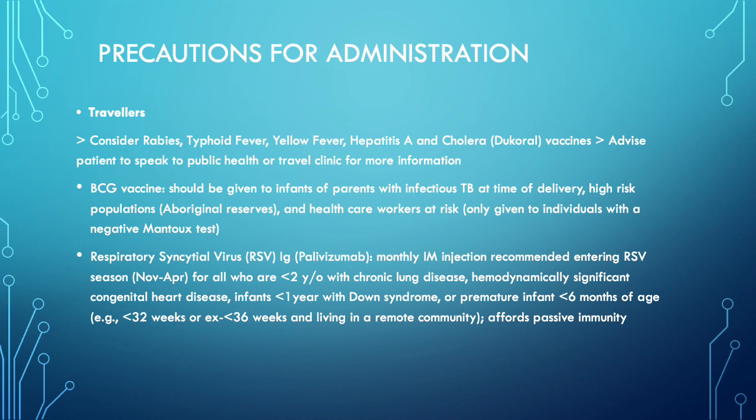Also, BCG vaccine for TB and RSV. The RSV is specific for certain populations, like children with chronic lung disease, less than 2 years old or less than 1 year old with Down syndrome, or premature infants less than 6 months of age as well. Should be given this to prevent having the RSV infection.